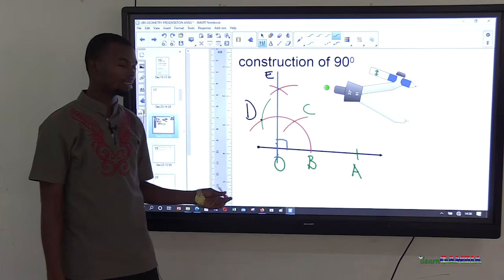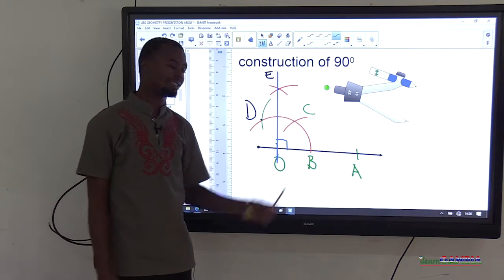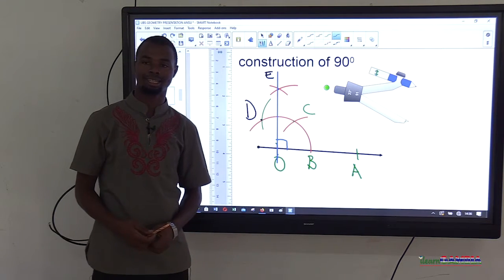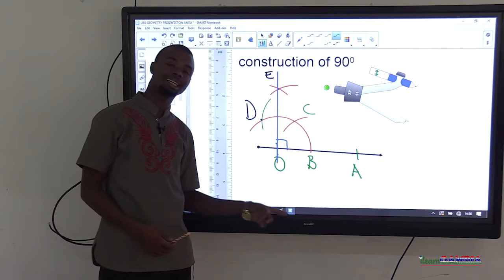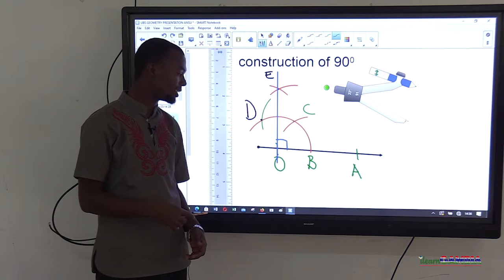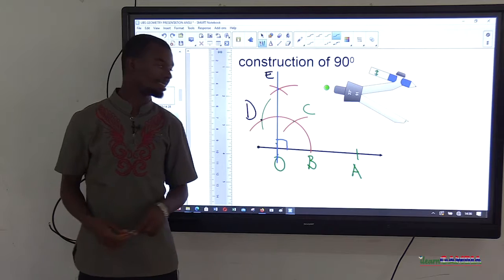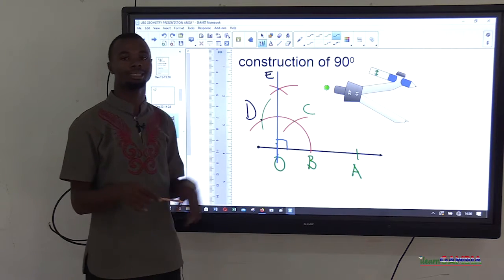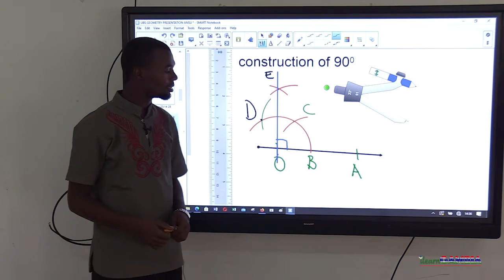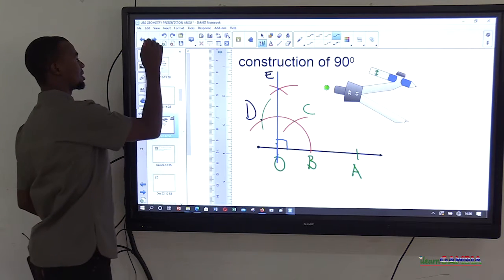We draw an arc to cut OA at B. Then with B as the center, we draw another arc to cut the first arc at C, and with C as the center, we draw another arc to cut the first arc again at D. Then with C and D as centers, we draw arcs intersecting each other at E, and we join OE. So this is the way we construct 90 degrees. We look at another slice.